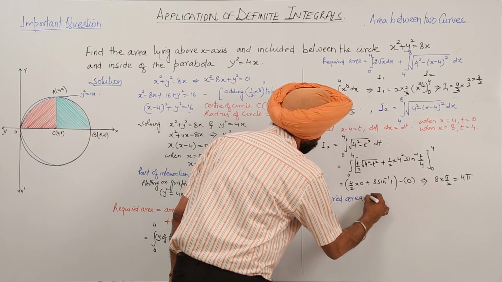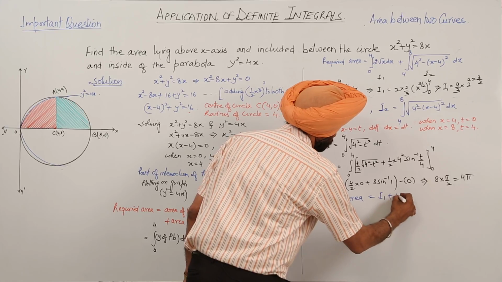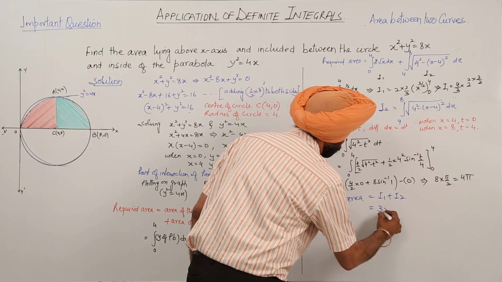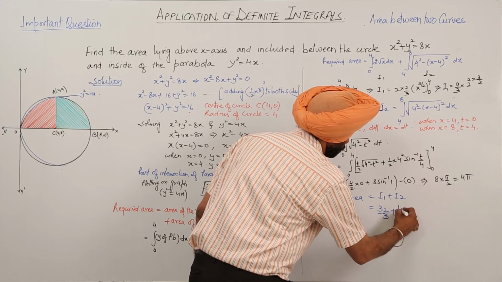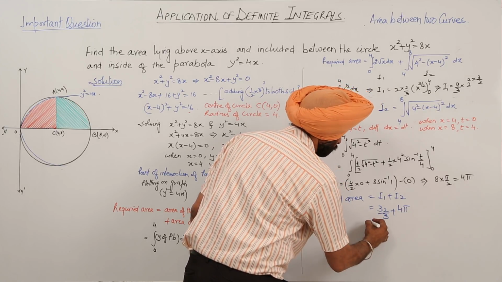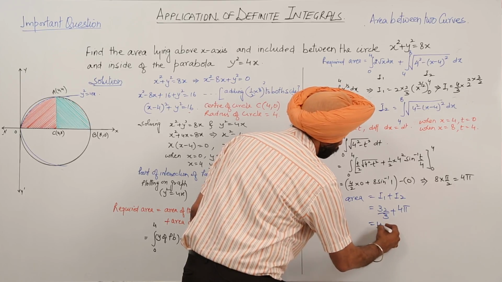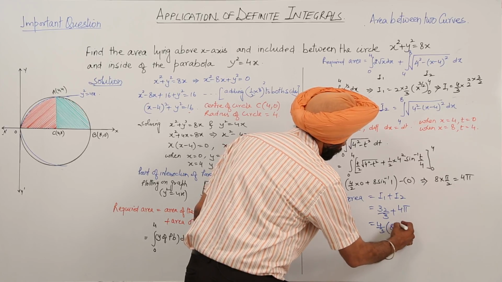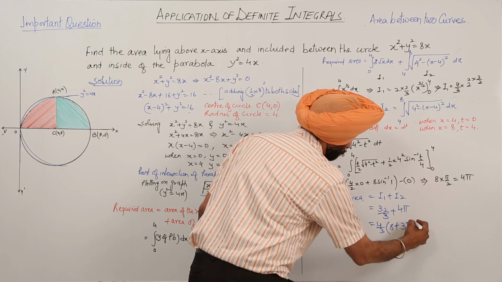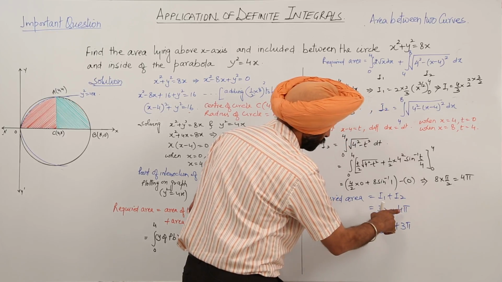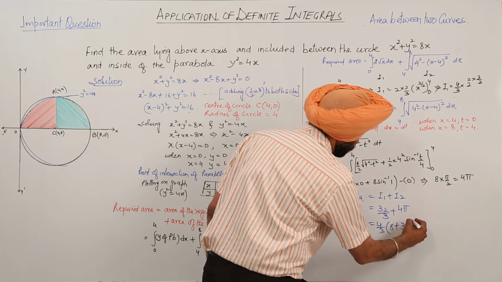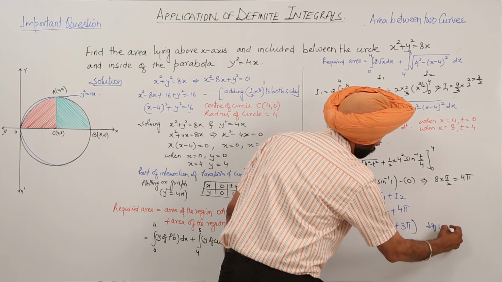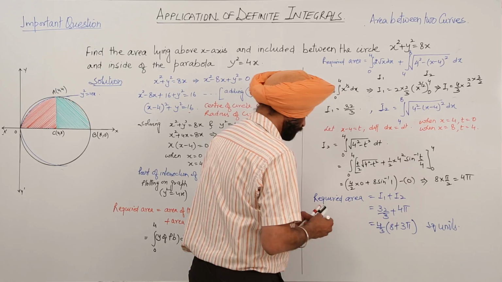Required area is equal to I1 plus I2. This is equal to 32 upon 3 plus 4 pi, or we can write it as 4 upon 3 into (8 plus 3 pi), since 3 fours are 12, then we have taken 4 out. So 4 upon 3 (8 plus 3 pi) square units.